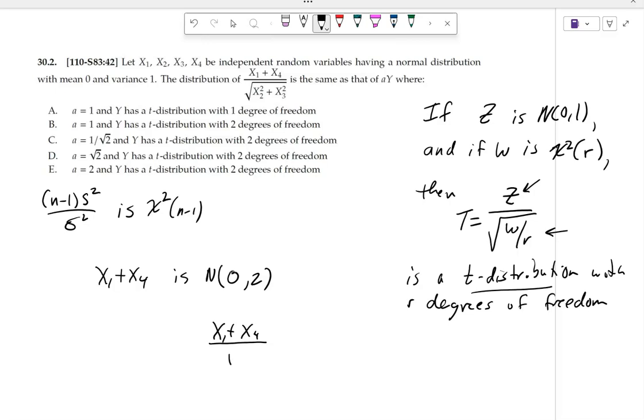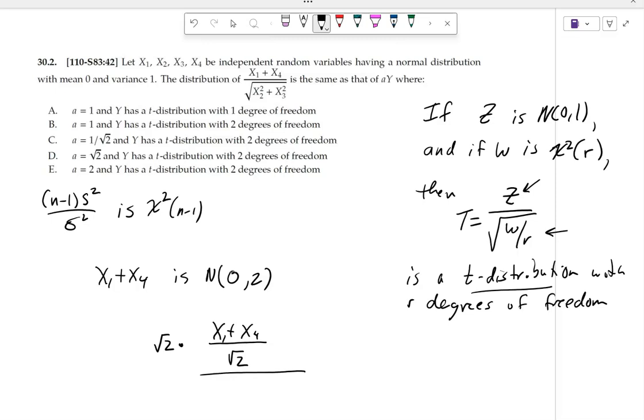Standard deviation. I've got to put square root of 2 on bottom, right? To keep everything equal, I better put a square root of 2 out in front, right? We agree? Okay.